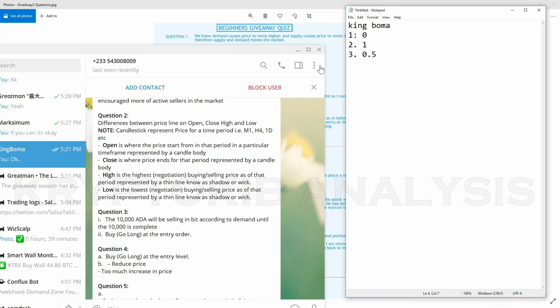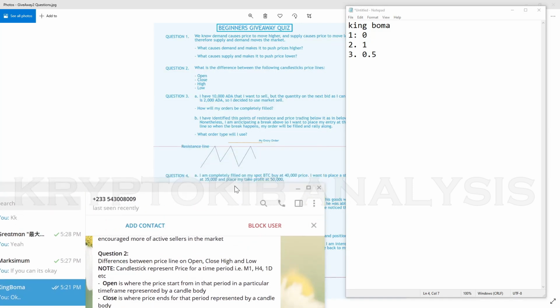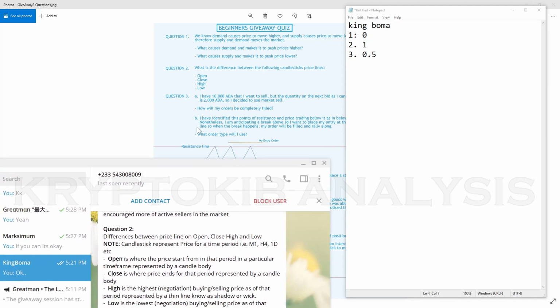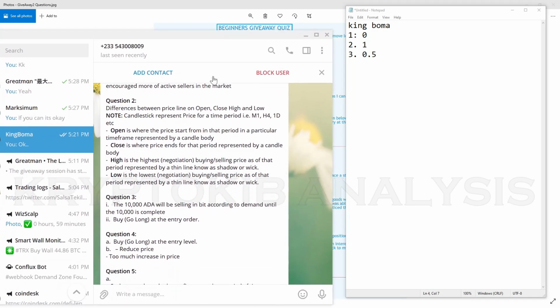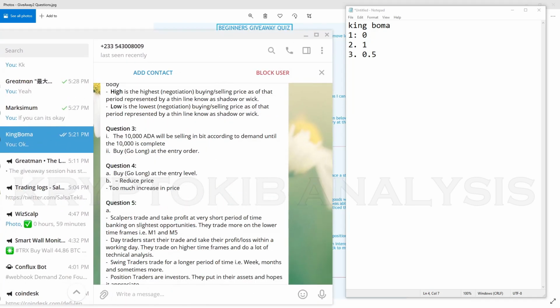That's 3A, right? Then 3B, I have identified points of, okay, this one I said is top limit. So let me see his answer. He said buy, go long at entry order. Oh, okay. So he has 0.5 from number 3.